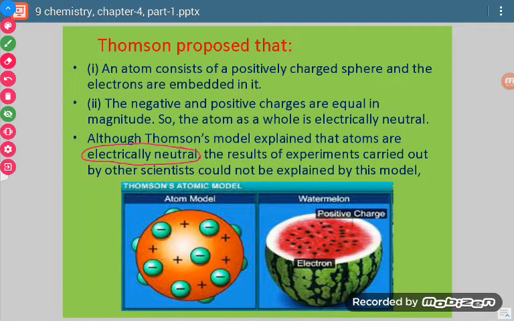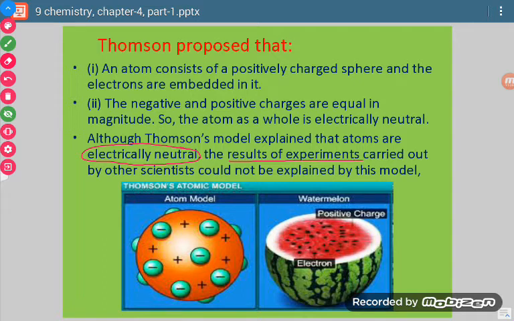But after this model, there were more studies and experiments from which some results came, and they were not in agreement with what was said by Thomson. But the Thomson model was the first model, so it is an important model. On what he said, researches were done, and a few things were found wrong and a few helped them to study more.